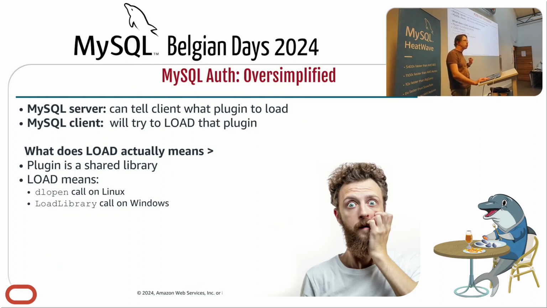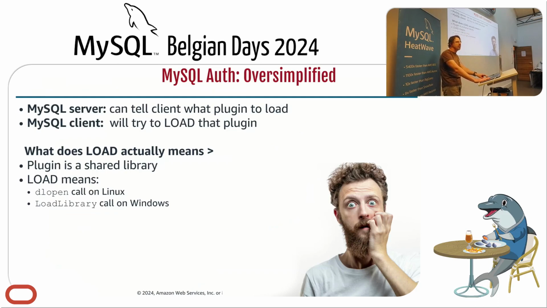It's actually not a very usual thing to do. What does load mean? A plugin is a shared library on Linux, a DLL on Windows. So load actually means a dlopen call on Linux and a LoadLibrary system call on Windows.